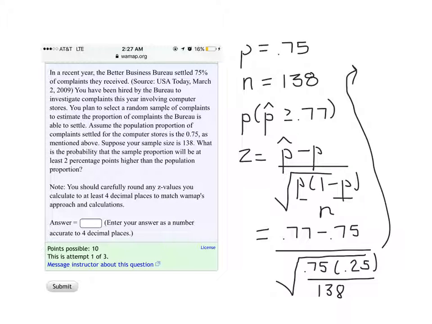And when we calculate that value, we get a z-score equal to 0.5426.